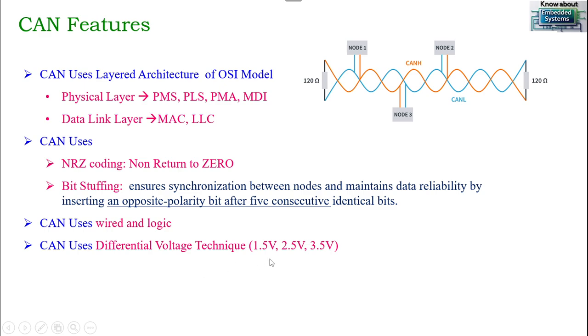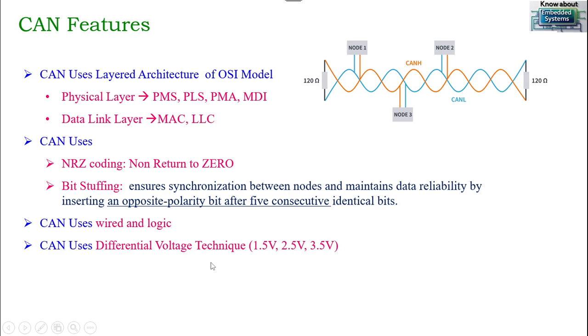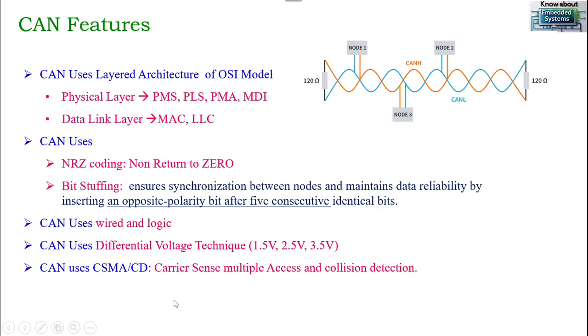What is this differential voltage? I'll explain that too. Just keep in mind that the CAN protocol uses a differential voltage technique to transmit data using 3 different voltages, 1.5, 2.5 and 3.5 volts. Using these 3 voltages, we're able to transmit and receive data over a CAN bus. That is called the differential voltage technique.